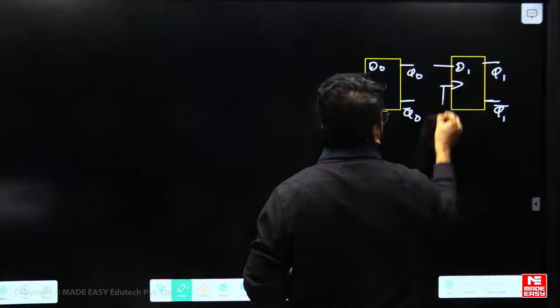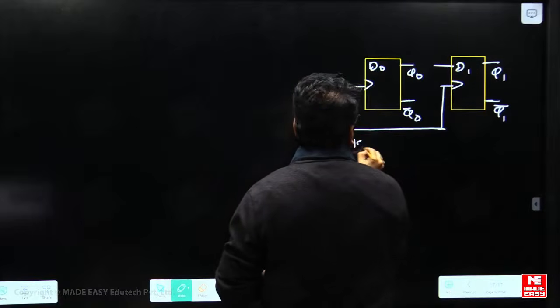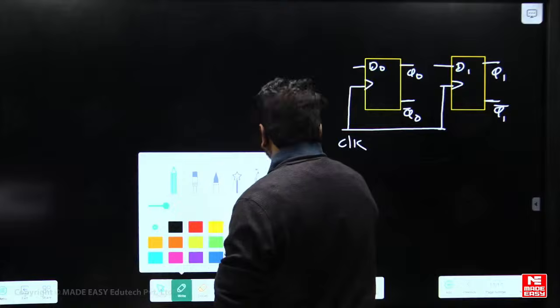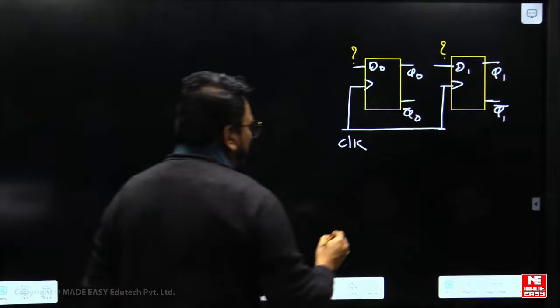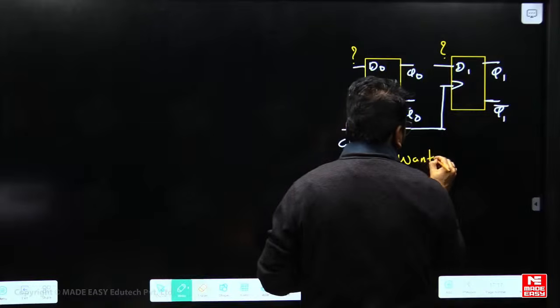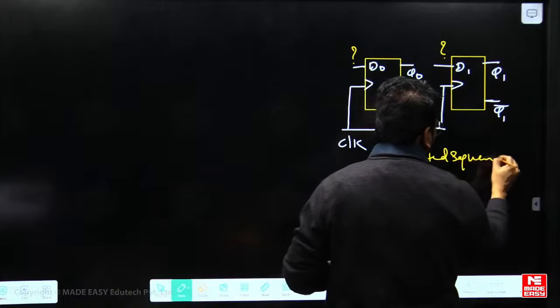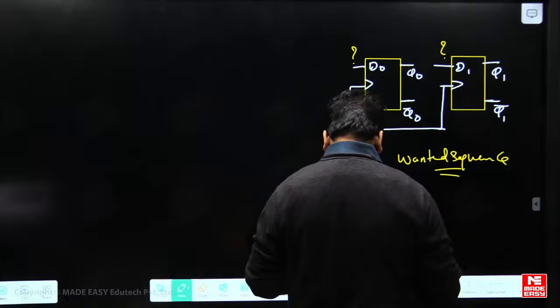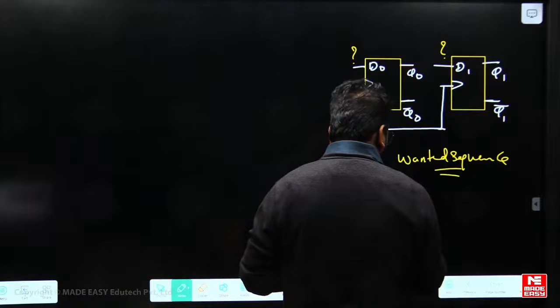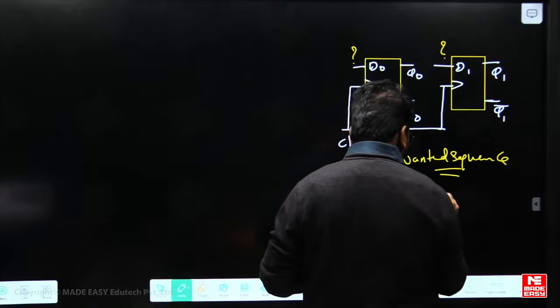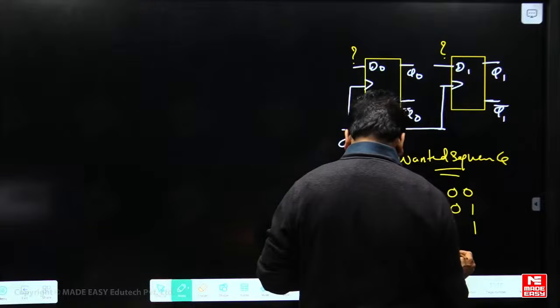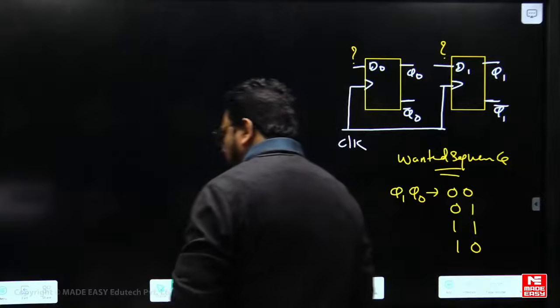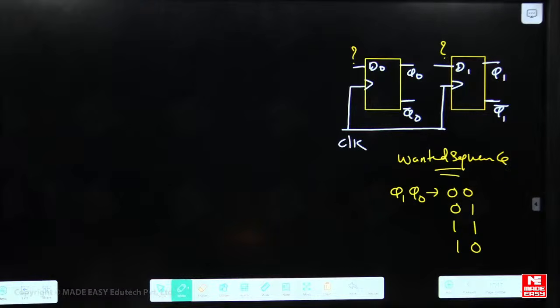They are taking the connection from the same clock, that means it is a synchronous counter. Now they are asking what will be D0 and D1, and the wanted sequence for Q1, Q0 is 0, 0, 0, 1, 1, 1, 1, 0. So they are asking for the design.